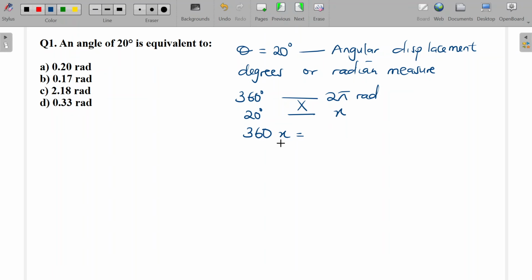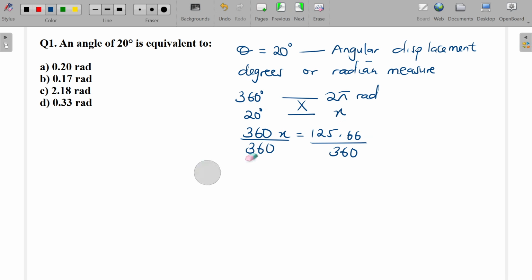When you punch it in your calculator, 20 times 2 pi, it's going to give you 125.66 rads.